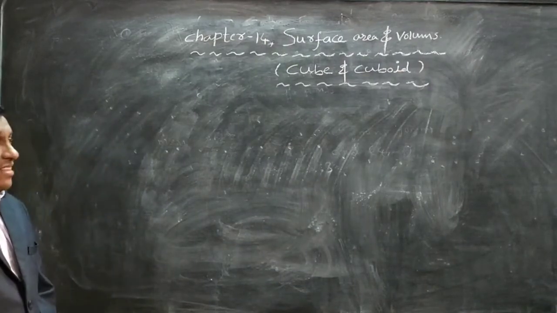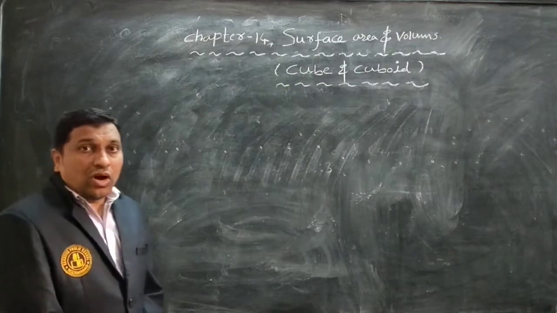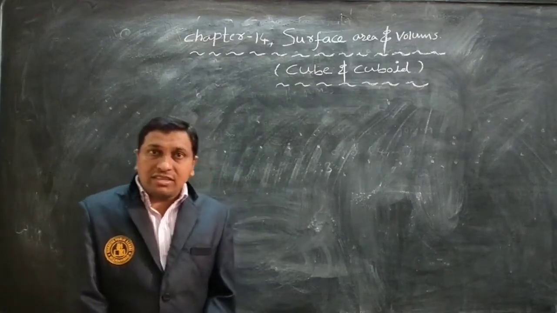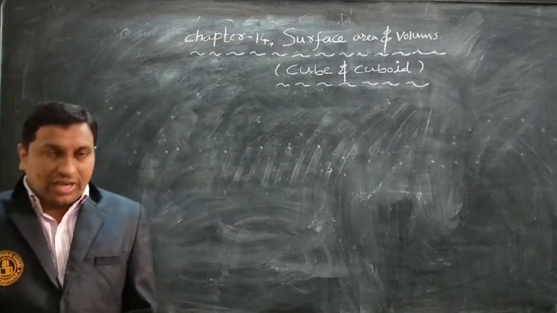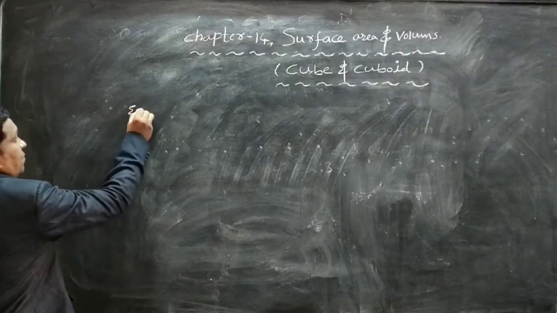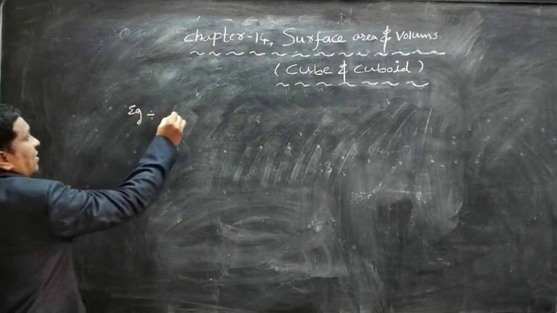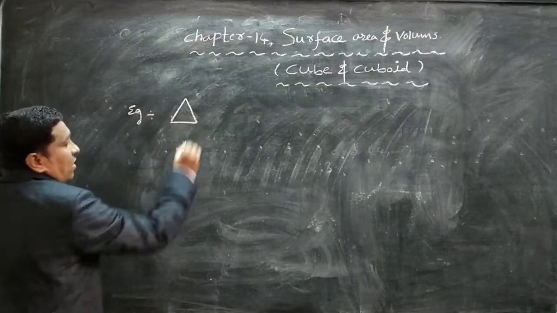Before entering this chapter, we discuss what two-dimensional figures and 3D figures are. For example, this is a triangle.